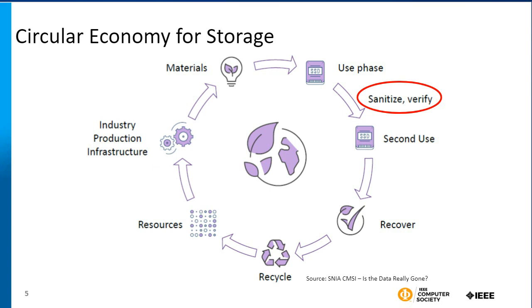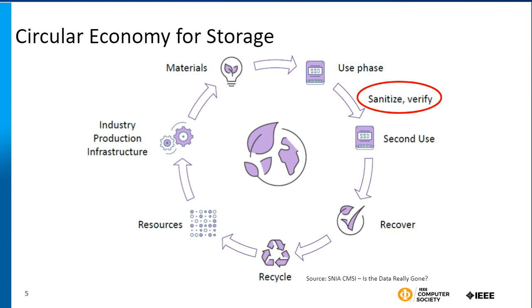Unfortunately, what we're seeing right now is that this circular economy is not so circular. It's basically manufacture, use, store somewhere, and then destroy, turn into dust or something of that nature. And that's part of what we really like to see.